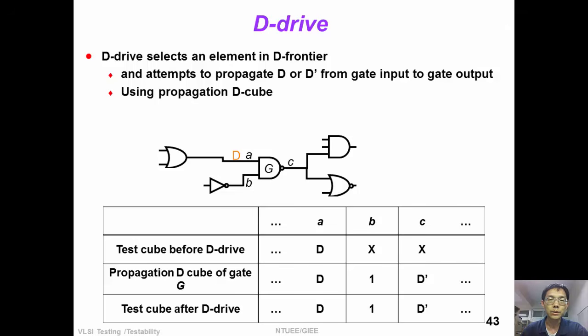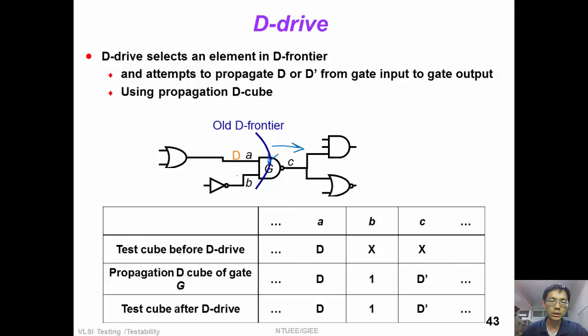So suppose gate G is a D frontier and we would like to perform D-drive. So this is our original old D frontier before D-drive.